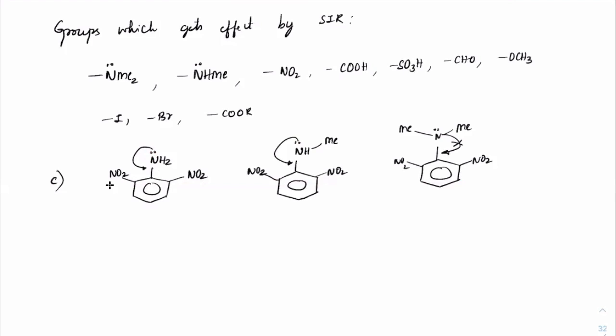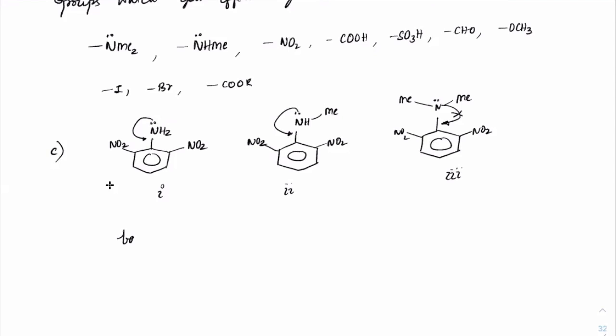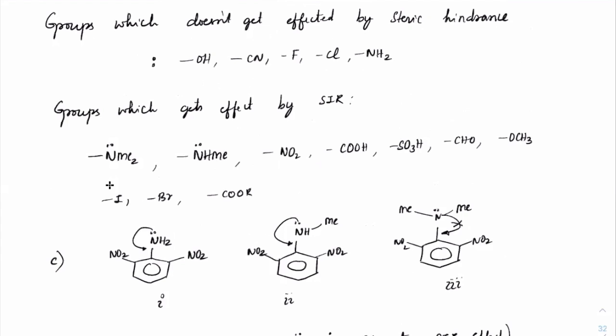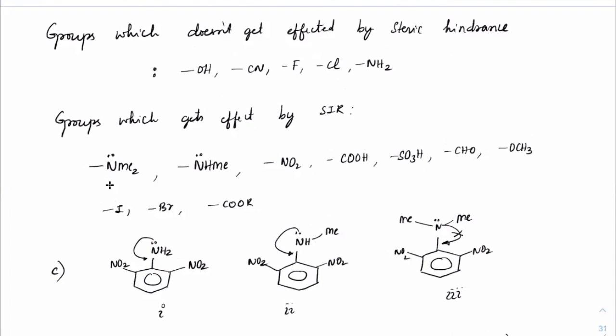So if we take these as 1, 2 and 3, and you were asked which one is more basic, the third one is more basic than the second one, then the first one. And this is due to SIR effect. So suppose you understood that. In which case it will get affected, in which case it will give SIR effect, correct? You should be able to identify that.